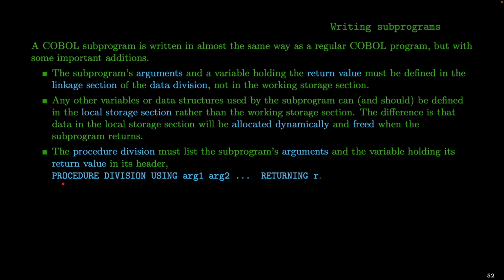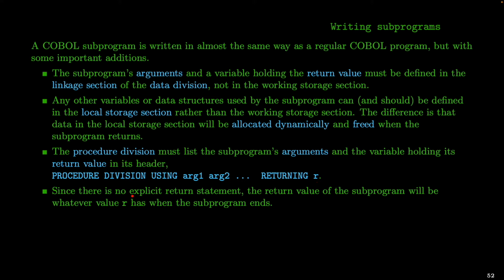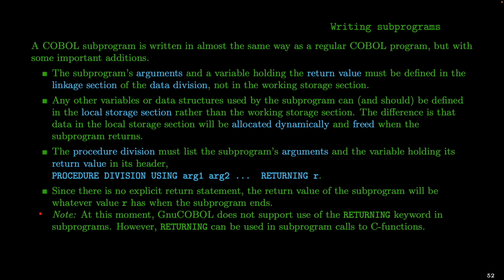So this would look like this: procedure division using arg1, arg2, and any other arguments, finally returning R. So R would be the variable holding the return value. There's no explicit return statement for subprograms, so the return value R will be whatever value R has when the subprogram ends and returns to the calling program.